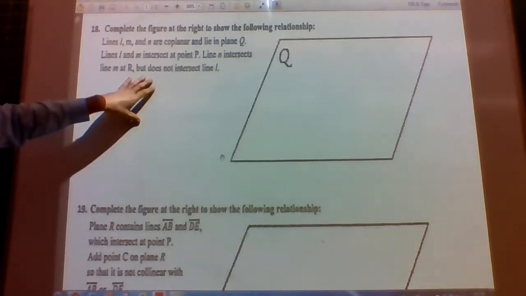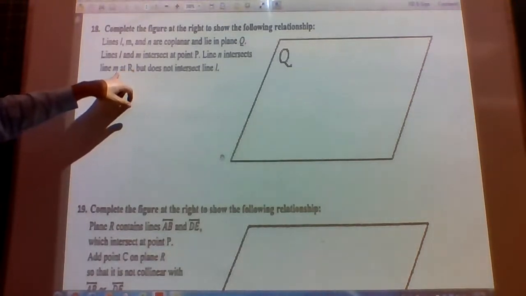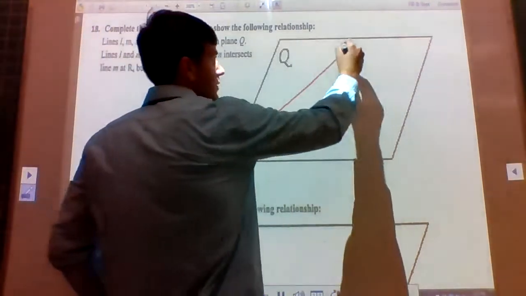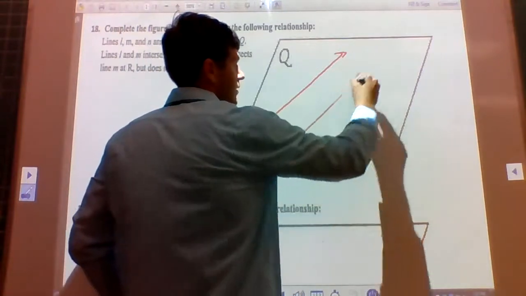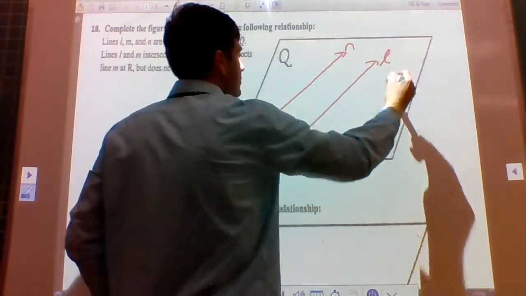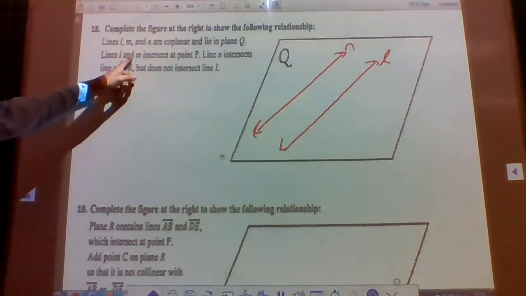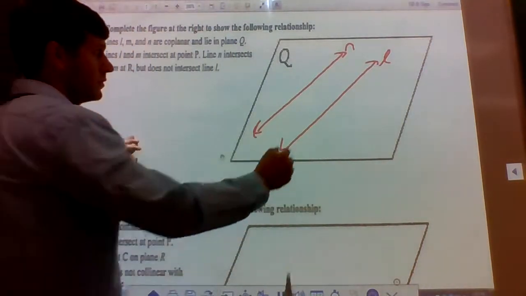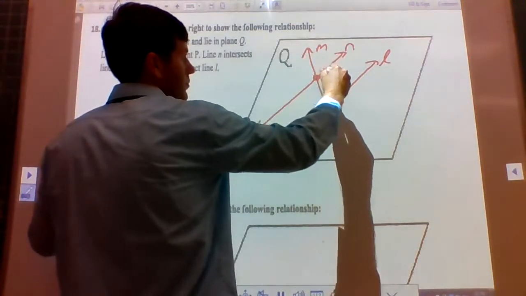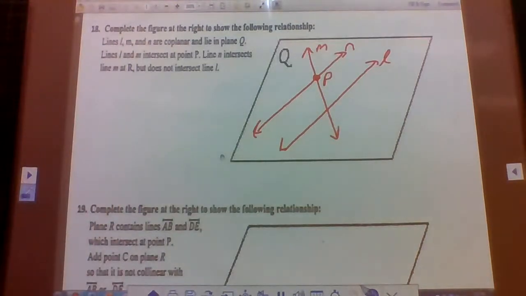Since they're in the same plane, and we know that N is not going to intersect L, N and L are going to be parallel. They're not going to intersect. We know that L and M intersect at point P, so we can put M here, and they're going to intersect at point P. Wait, let's go back.